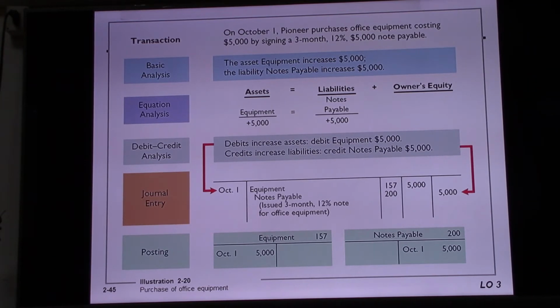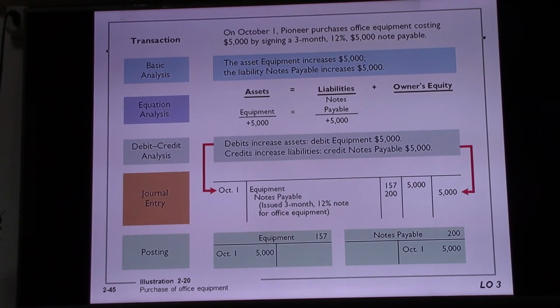But we didn't pay cash for this transaction, we purchased this item on account by signing a 3-month note, 12%. So our liability will increase by notes payable. So now we have a note payable, an obligation of $5,000.